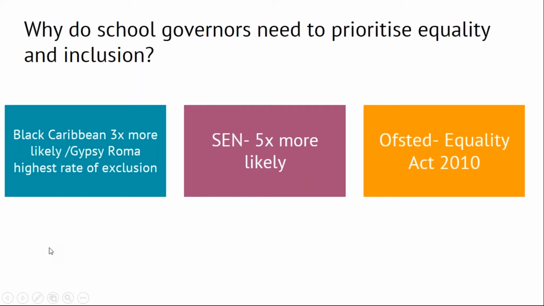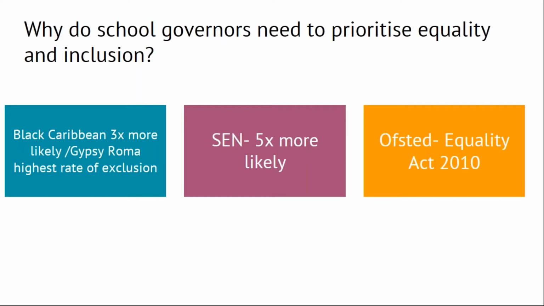Again, to recap, why is it important for school governors to prioritise inclusion and equalities? As we mentioned last week, these are some of the statistics out there, although there are many more I could have chosen. In terms of exclusions, pupils with special educational needs are 5 times more likely to be excluded than those without.